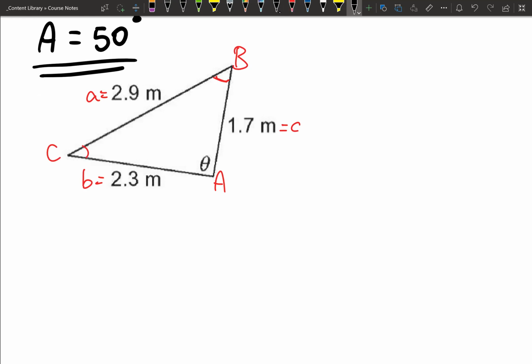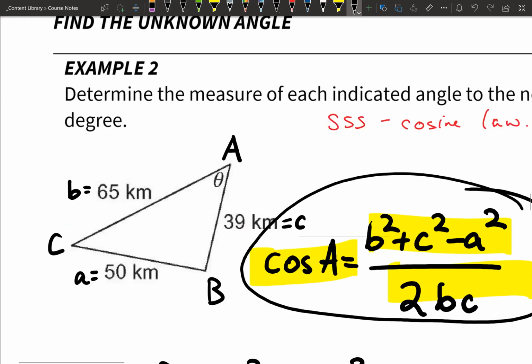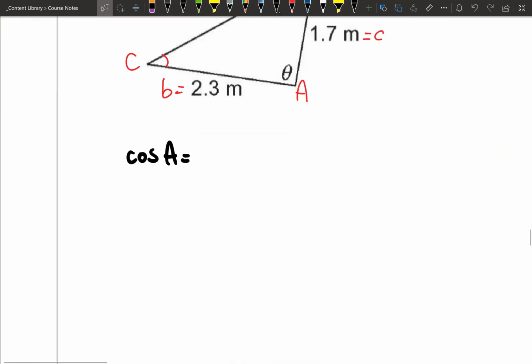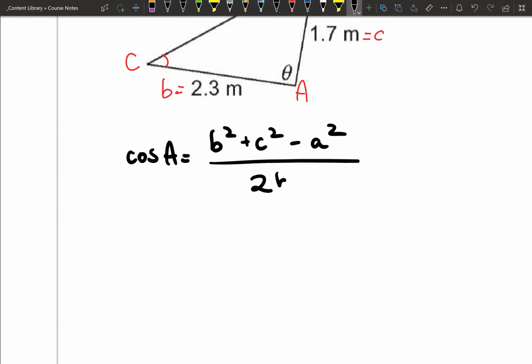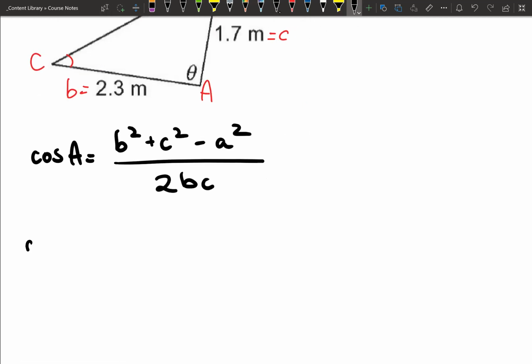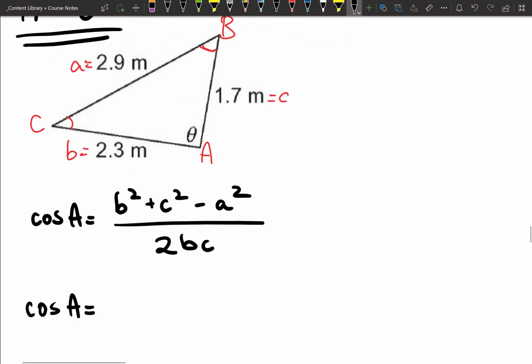So we'll write the formula, cosine of angle A. And if you forgot the formula, it's up here, right? B squared plus C squared minus A squared over 2 times B times C. And then plugging in the numbers we are given, it's simply a matter of plugging and chugging, right?